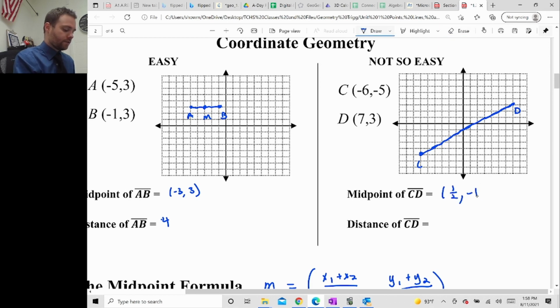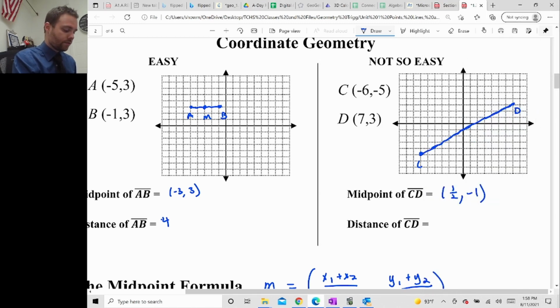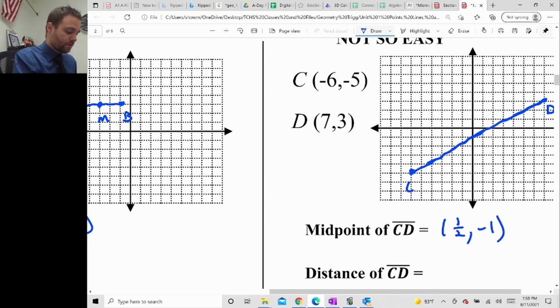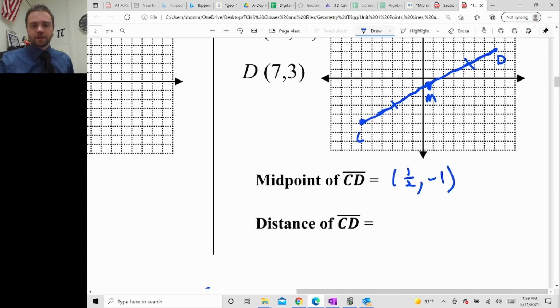So if I go along the x-axis 1/2, and go down 1, right there is the midpoint. So you can see how accurate that is, and it divides the segment into two congruent parts, two individual sections.